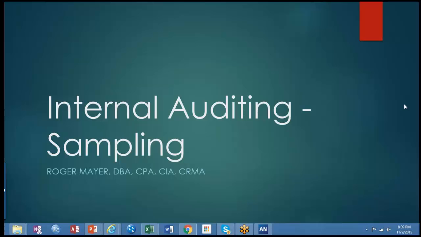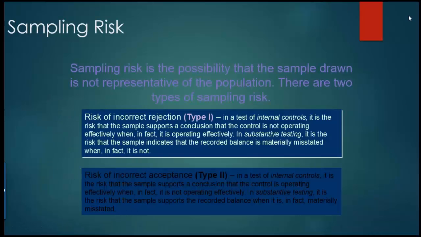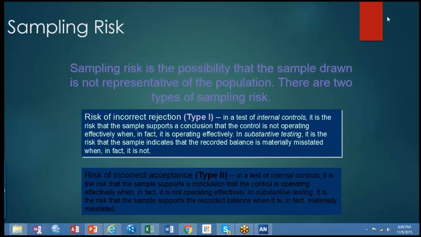Okay, continuing on here, the first thing that we need to understand is this whole concept of sampling risk. Now, the book is talking about sampling risk on page 11.2, and let's talk about why we have risk.